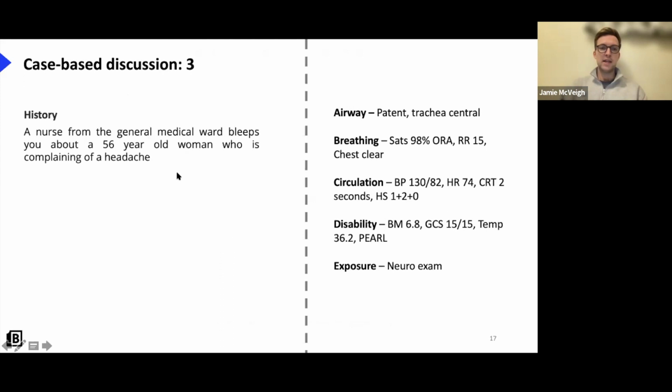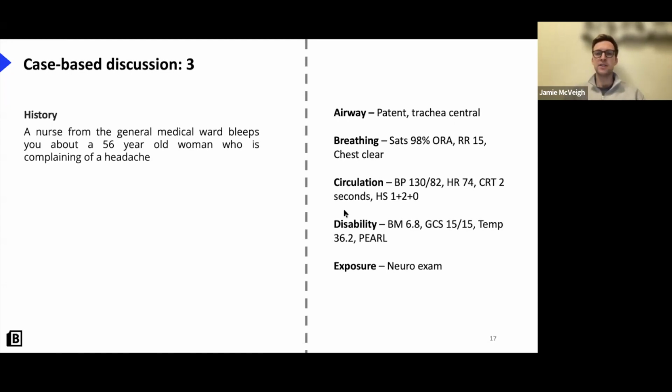Case 3, probably quite a quick one, actually. So a 56-year-old woman on the general medical ward. Let's say she's come into the acute medical ward because her knee's puffed up and she can't walk anymore.